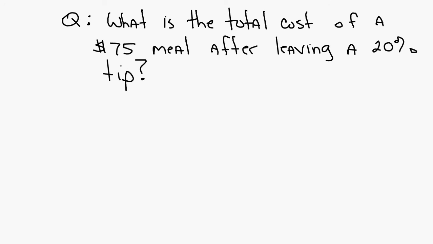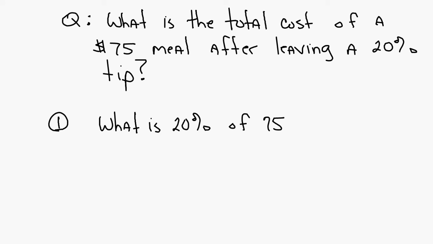So the first thing you have to do in solving this is to find out what is 20% of 75. Your meal costs $75. You want to leave the waiter or waitress a 20% tip. So the first thing you do is find 20% of 75. So it's is over of equals percent over 100.